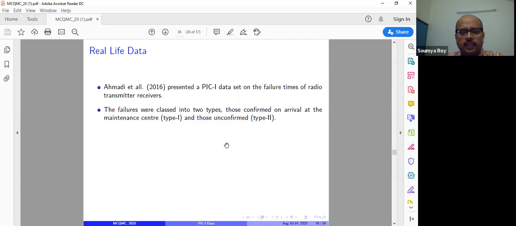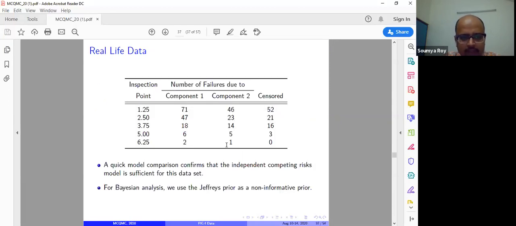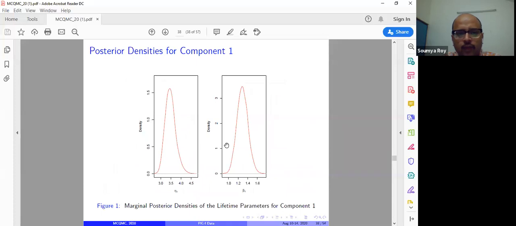The data set has 5 inspection points, and given this data set we checked whether the independent competing risks model is sufficient, and by comparing the models we came to the conclusion that it is sufficient. Furthermore, for Bayesian analysis, we have used Jeffreys prior as a non-informative prior.